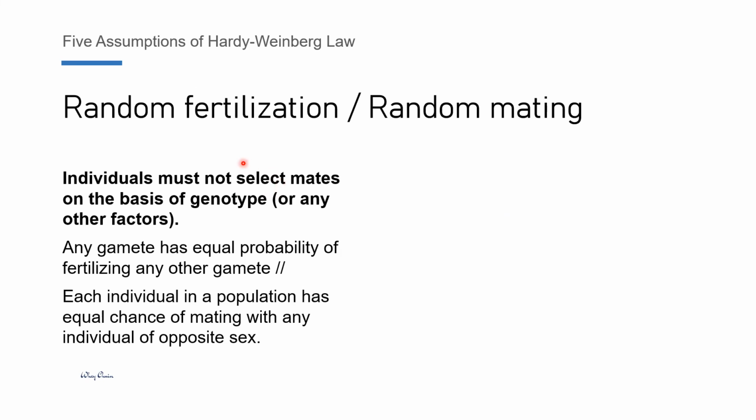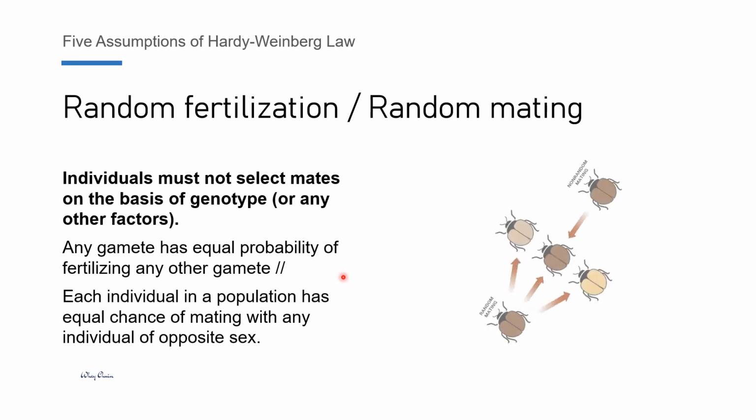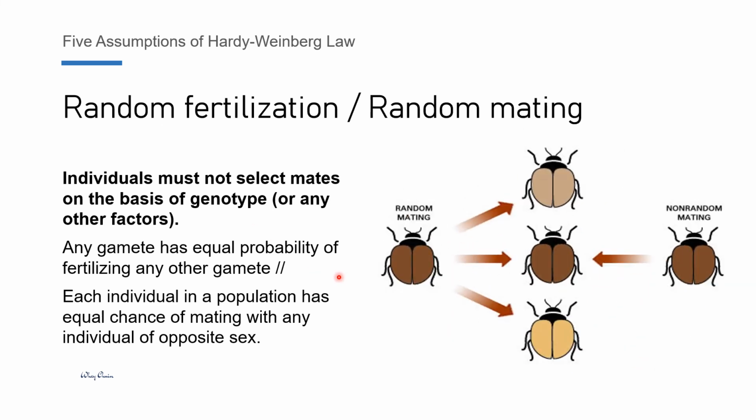The next assumption is random fertilization or random mating. Individuals must not select mates on the basis of genotype or any other factors. It can also be considered as any gamete having an equal probability of fertilizing any other gamete, or each individual in a population having an equal chance of mating with any individual of the opposite sex.